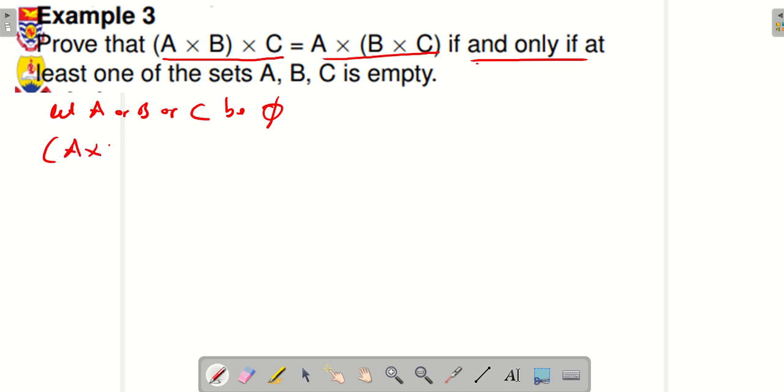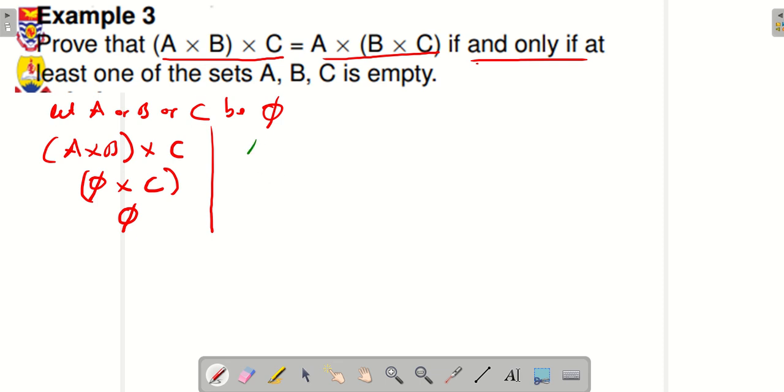(A × B) × C, if A is the empty set or B is the empty set, then A × B will be an empty set × C. And we know that an empty set × C will also produce an empty set. Now, let's also take the second part.